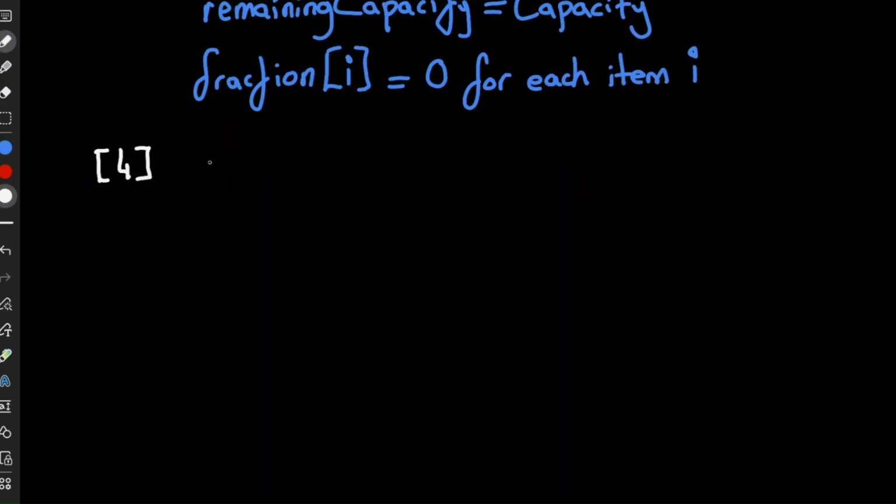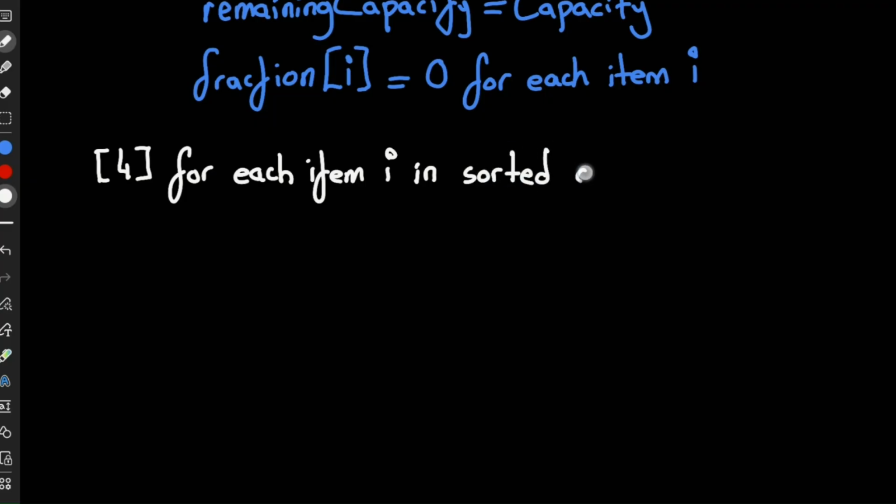Then I will loop through the sorted array. So, for each item I in sorted order, do the following.